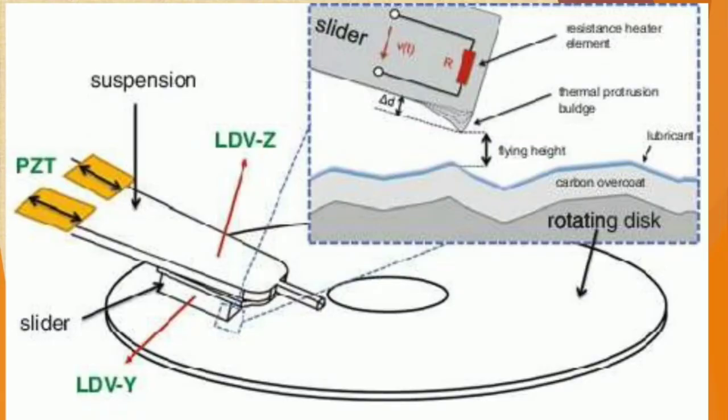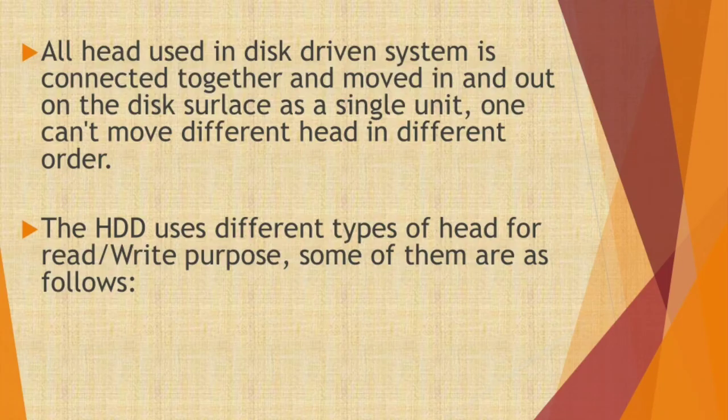This picture shows how our read-write head is situated over the platter. All heads used in a disk drive system are connected together and moved in and out on the disk surface as a single unit. One can't move different heads in different order.